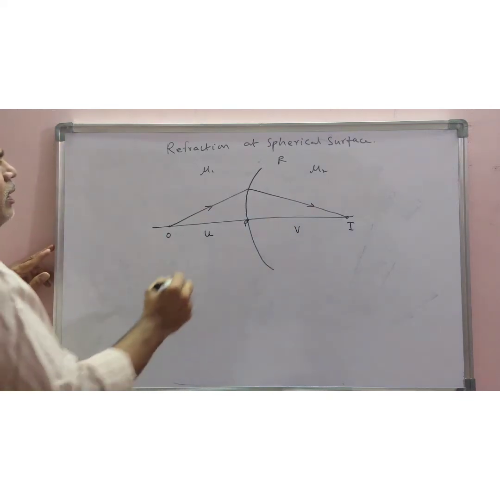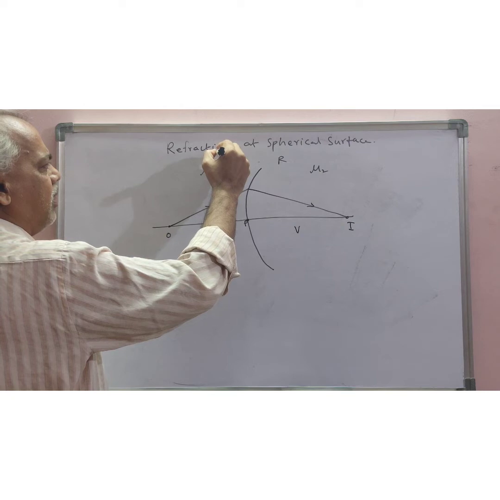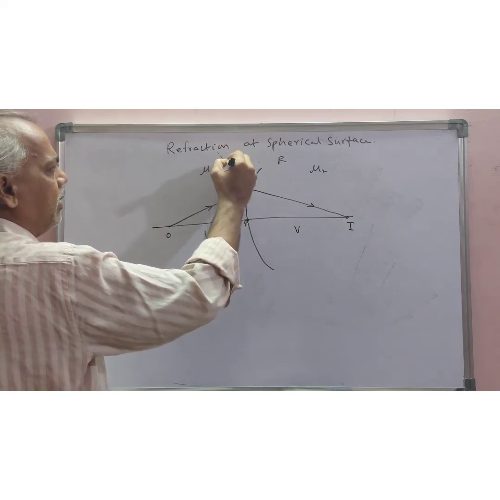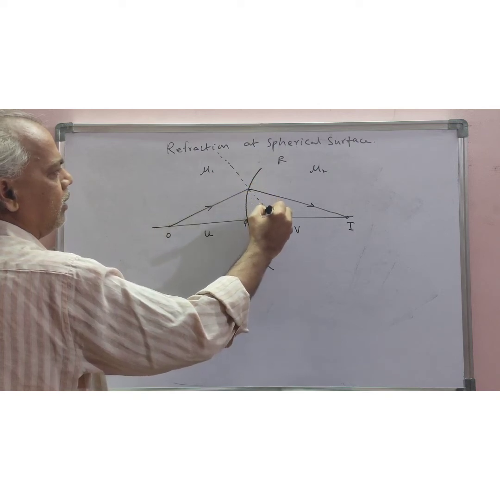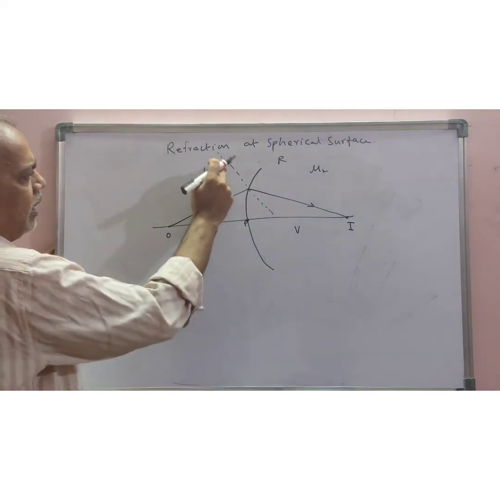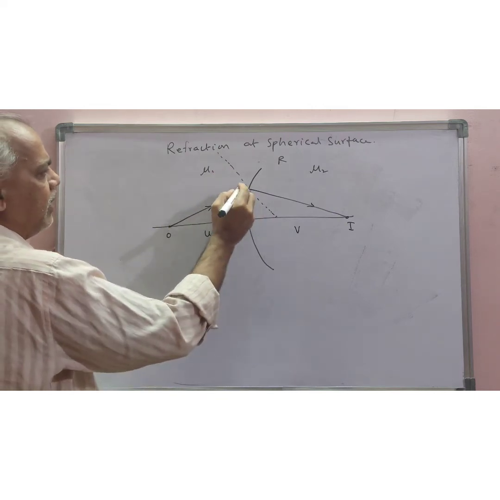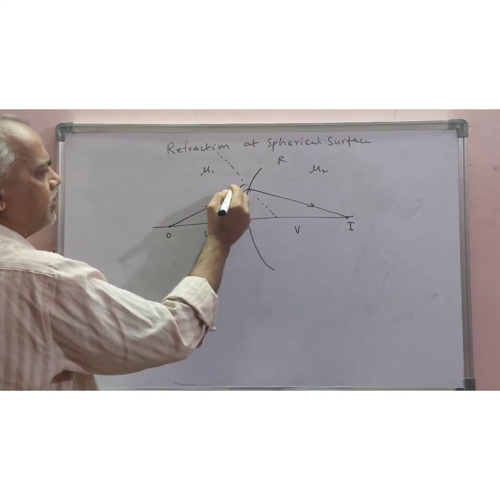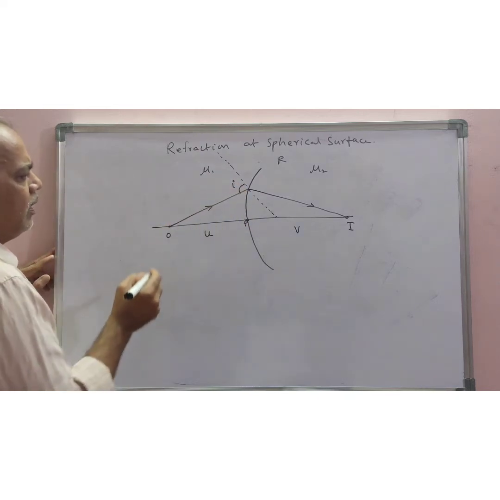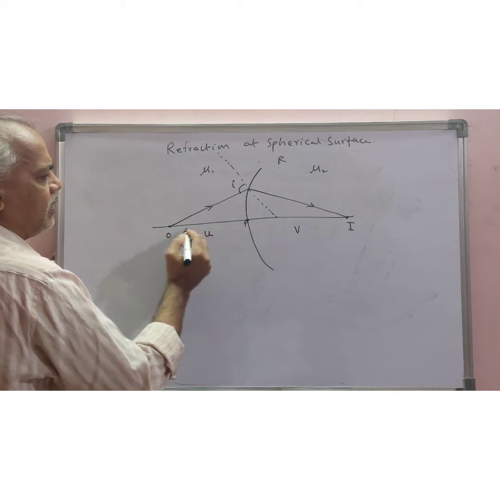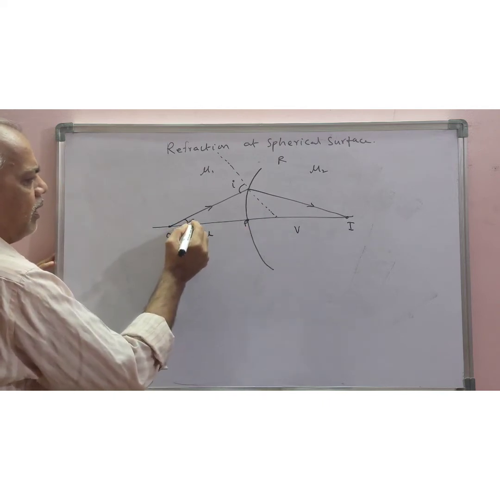Say we draw a normal at this point, like this. This is the normal, and this is the incident ray. It makes an angle of incidence, say I, and this incident ray makes some angle with the principal axis, say alpha.